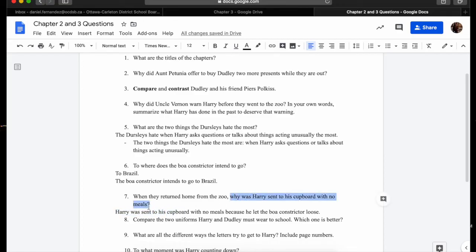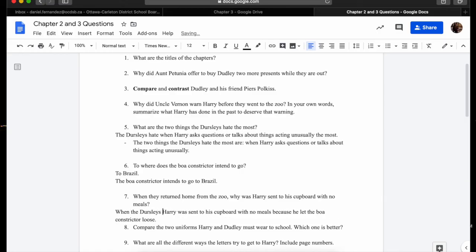You've taken the actual question portion, and then you've answered the question. If you want to bump it up, you would include the extra information that the question includes. So, and you could even go further, when the Dursleys returned home from the zoo, Harry was sent to his cupboard with no meals because he let the boa constrictor loose.